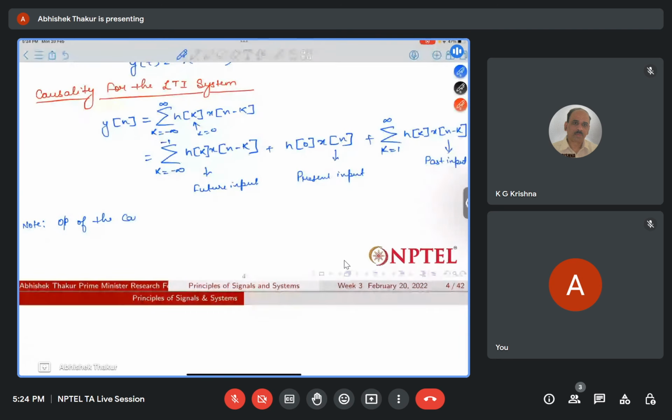The output of a causal system depends only on the present and past values of input.